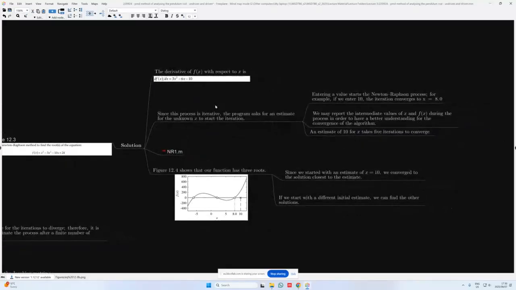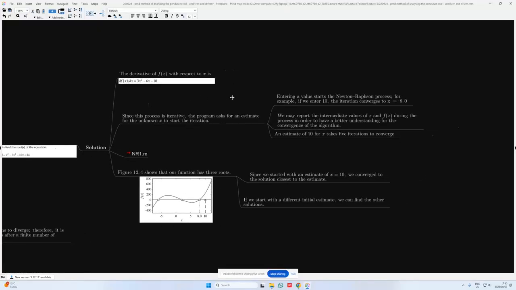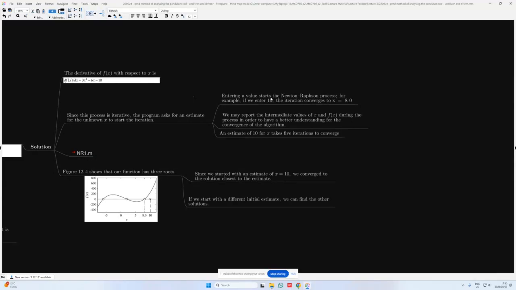And now we can start iterating and updating our steps based on the derivative values. Since this process is iterative, the program asks for an estimate or an initial guess for the unknown x to start the iteration. And entering a value starts the Newton-Raphson process. For example, if we enter 10, the iteration will converge to x equal to 8.